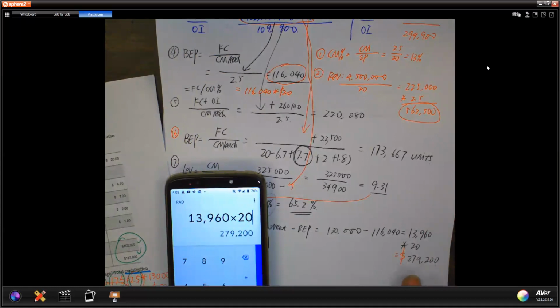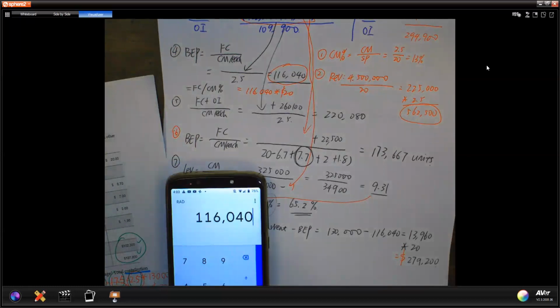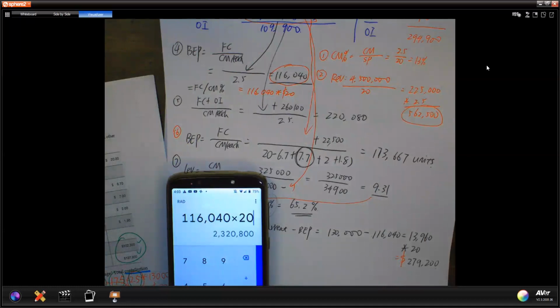Why is this a big difference? I'm sorry, I'm just double checking some numbers.